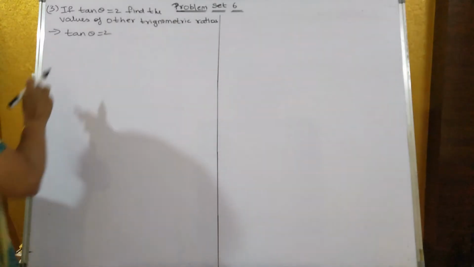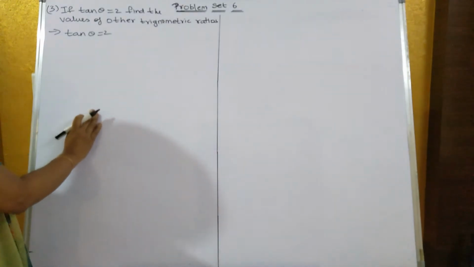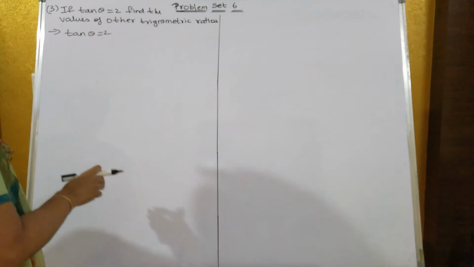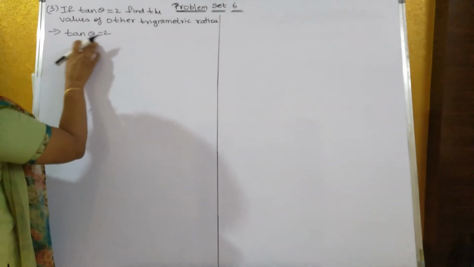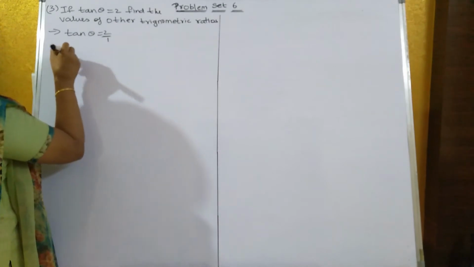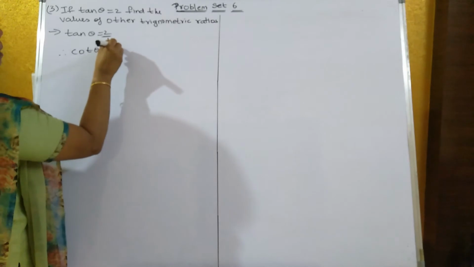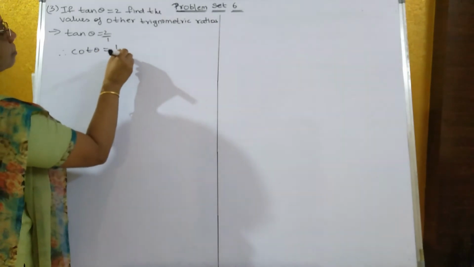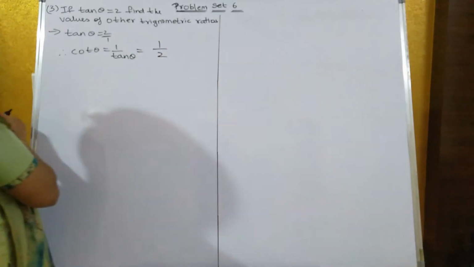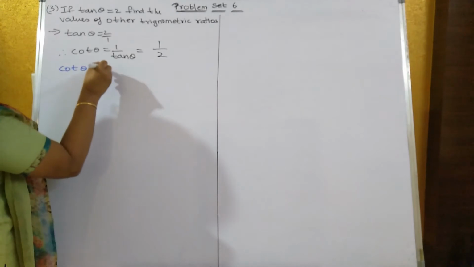Now they have given that if tan theta is equal to 2, then find all the values of the other trigonometric ratios, that is sine, cos, cot, sec and cosec. All these values you have to find out. Now tan theta is equal to 2 upon 1. Therefore cot theta will be equal to 1 upon tan theta, that's equal to 1 upon 2. So cot theta is equal to 1 upon 2.